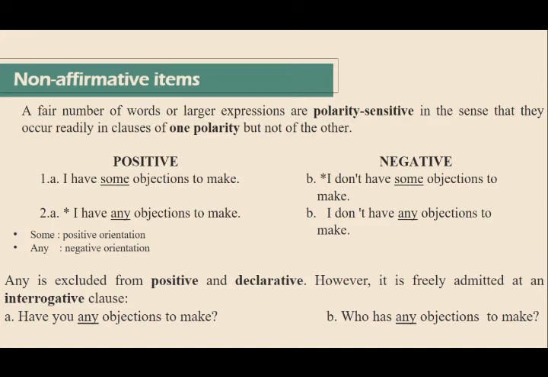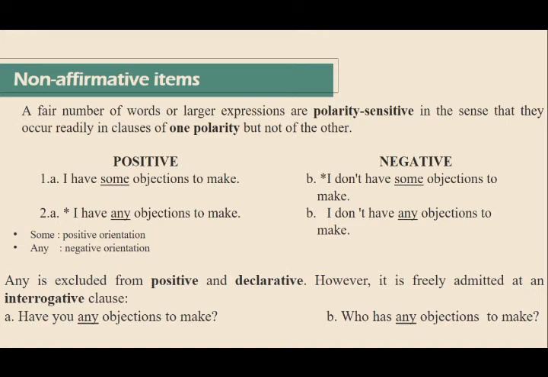Next, in the positive, I have any objections to make. It's incorrect because any is excluded from positive, while in the B sentence, I don't have any objections to make. It's correct because any occurs in the negative.